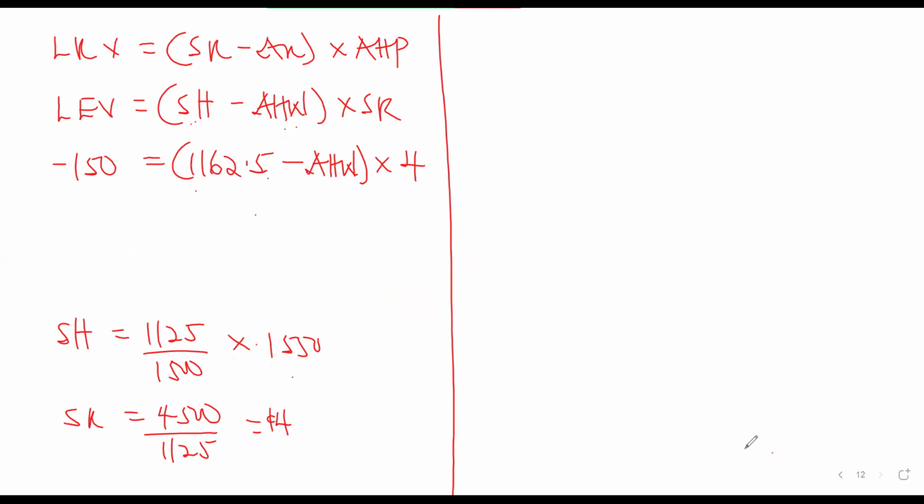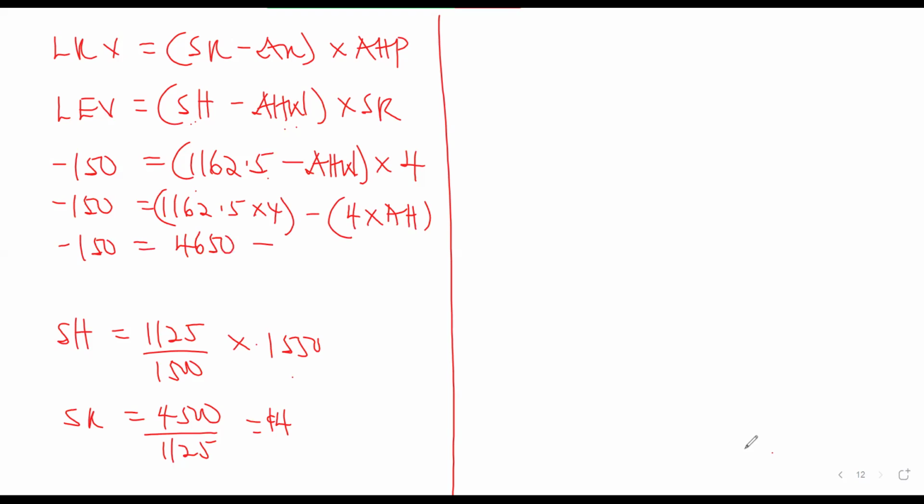Yes. Can we have negative 150 is equal to 1162.5 minus actual hours, multiplied by 4? Let's just say this is actual hours. So negative 150 is equal to 4650 minus 4 AH.